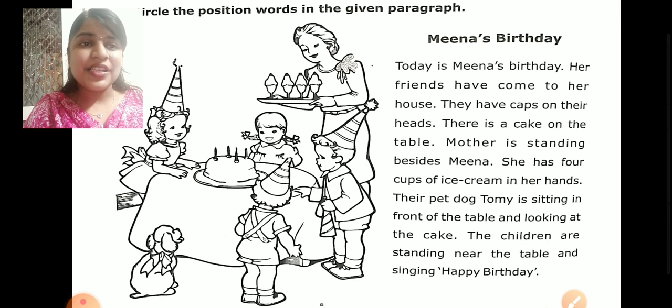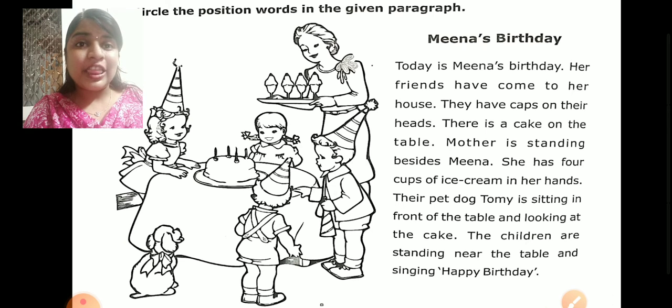She has 4 cups of ice cream in her hands. Their pet dog Tommy is in front of the table and looking at the cake. The children are standing near the table and singing Happy Birthday.